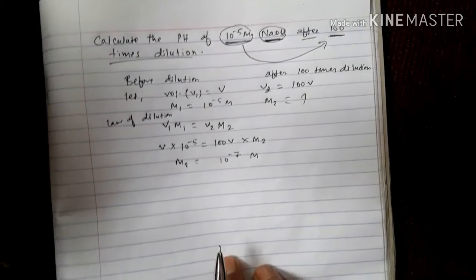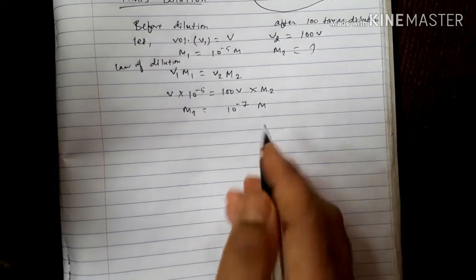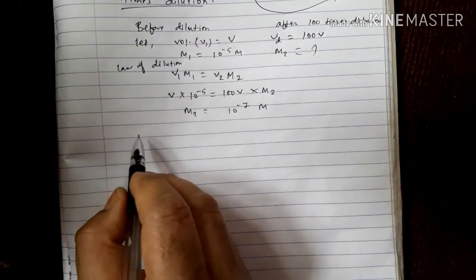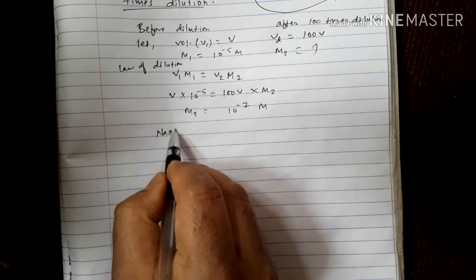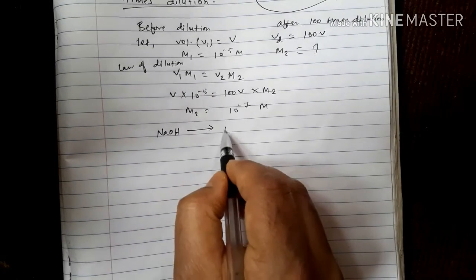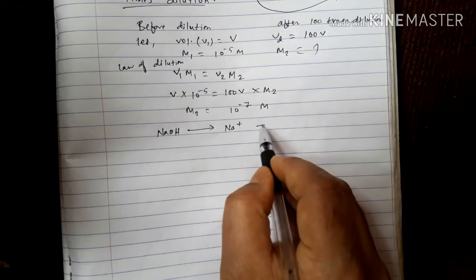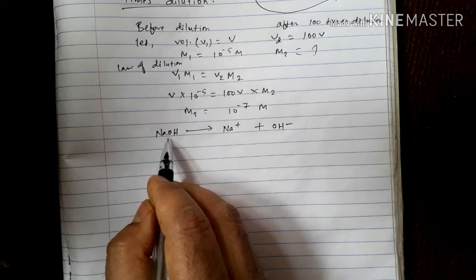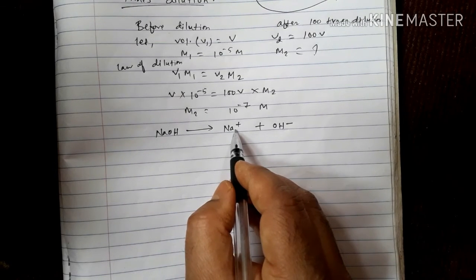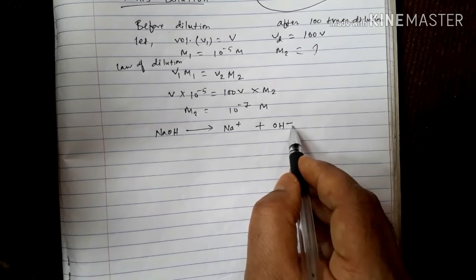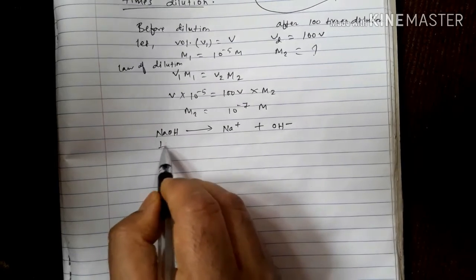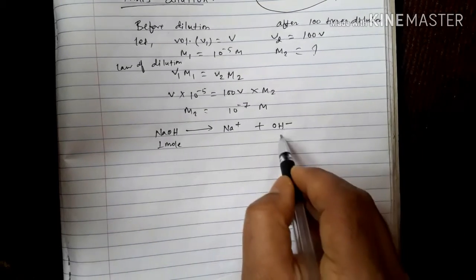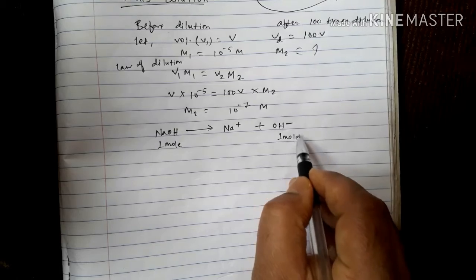The concentration of NaOH becomes 10 to the minus 7 molar. NaOH is a strong electrolyte. When it is dissolved in water, it gives Na plus and OH minus ions. One molecule of NaOH ionizes to one Na plus ion and one OH minus ion. If 1 mole is dissolved, it gives 1 mole of OH minus.